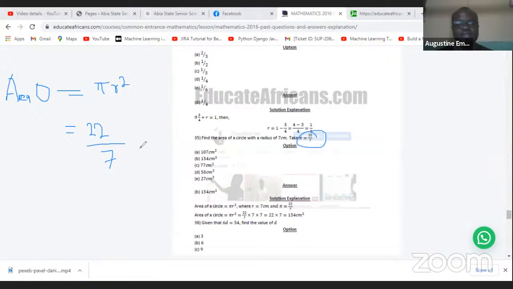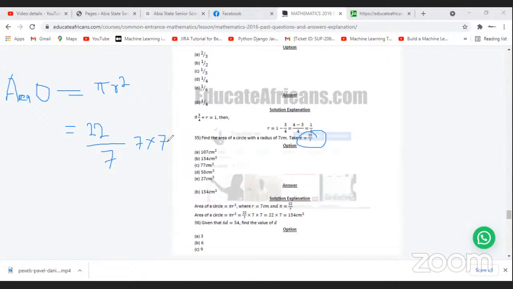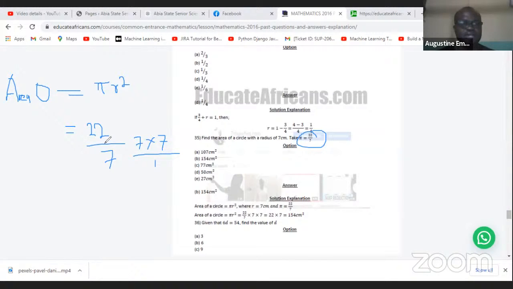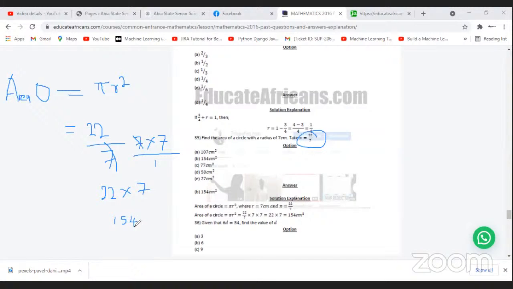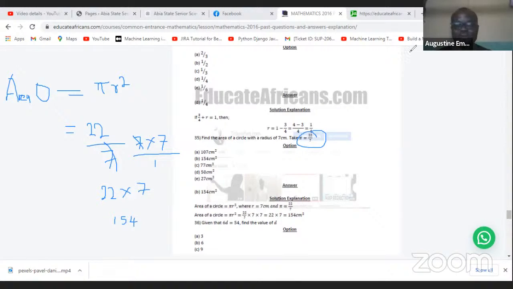So when you say that something is squared, it simply means that thing times that thing again. So you have 7 times 7. So you remember that also this should be over 1. So if we cancel this 7 with this 7, we have one 7 left. So we can say 22 times this 7 that is left, which gives us 154. Is it clear? Yes, sir. Okay, so let's move forward.